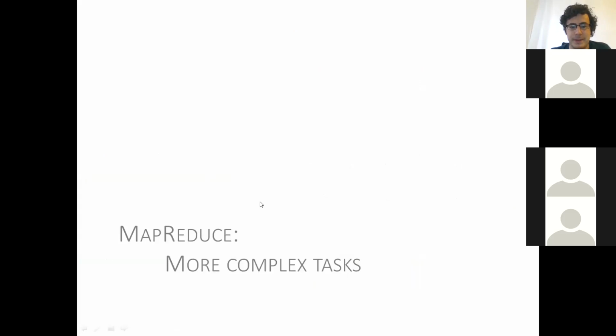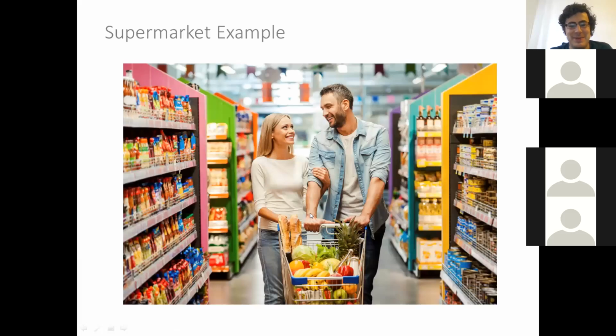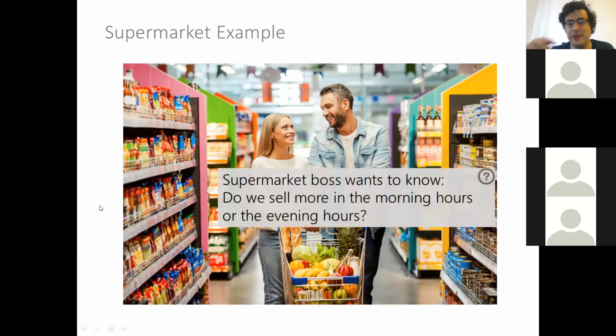Okay, so we can just briefly talk about how it works for more complex tasks, right? So we'll take a more realistic example that's not just counting words. So we're working in a supermarket, for example, and our boss wants to know, do we sell more in the morning hours or the evening hours? And he or she is interested also in, what products are we selling more? Are we selling more coffee in the mornings?